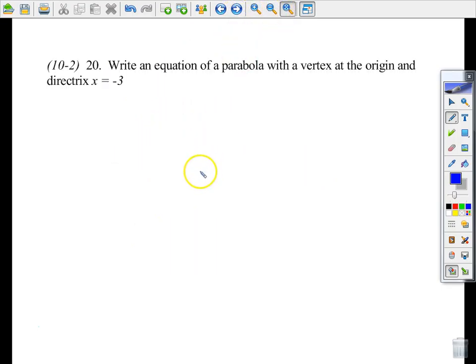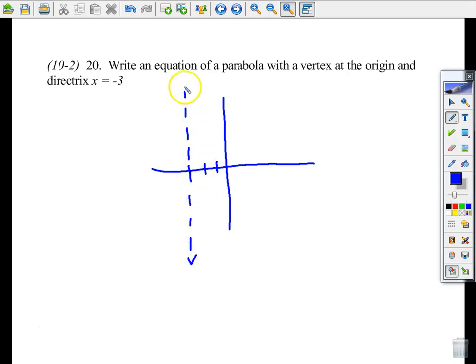All right. Number 20. We are going to write an equation of a parabola with a vertex at the origin and directrix at x equals -3. I always recommend drawing a little sketch. So let's draw what we're given. X is -3. There's my directrix. Vertex is at the origin.